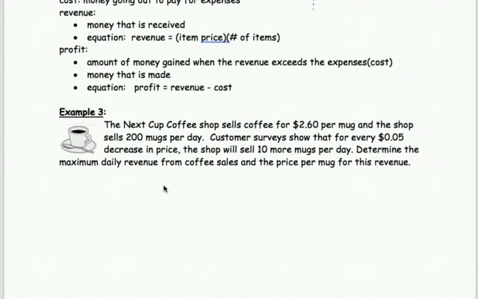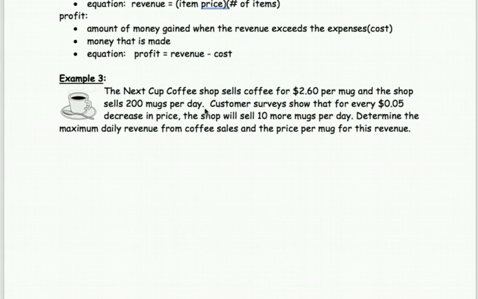Okay, this is you. You have a coffee company. So right now you sell coffee for $2.60 per cup, and in general you're selling 200 cups a day. But you're trying to do research because it's always good to see if you can make more money.